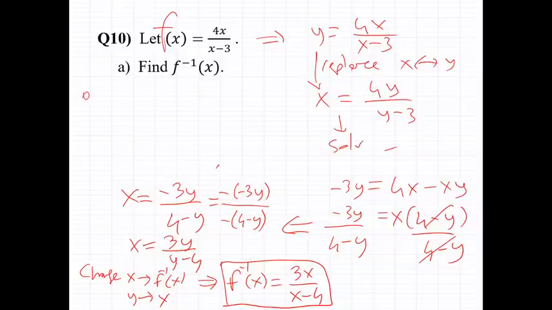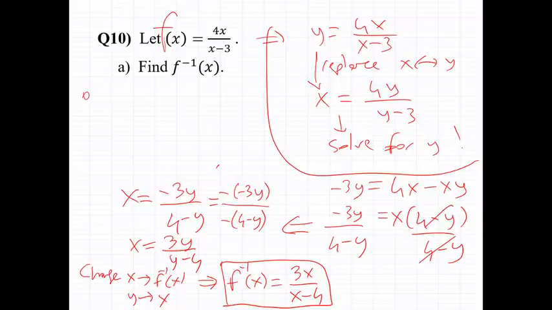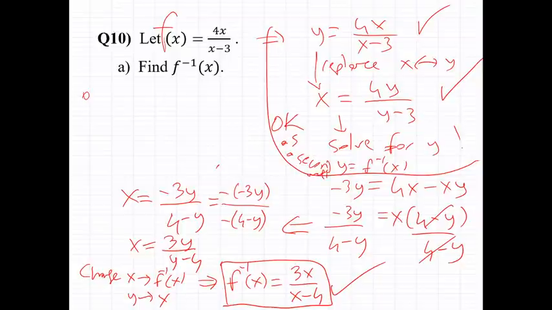Then solve for y, and do the rest, then change y to f inverse of x. This is also okay. This method comes to the same thing at the end. It's okay for a second method.